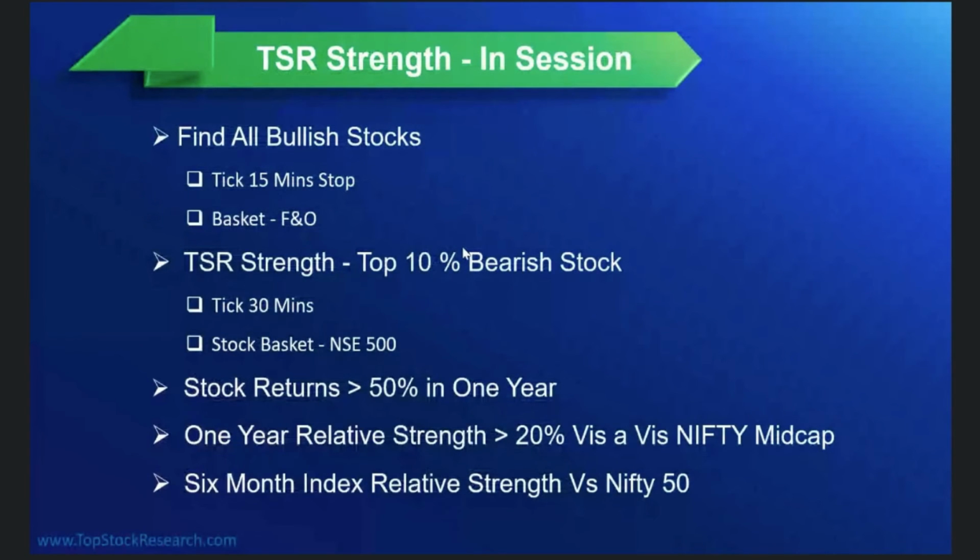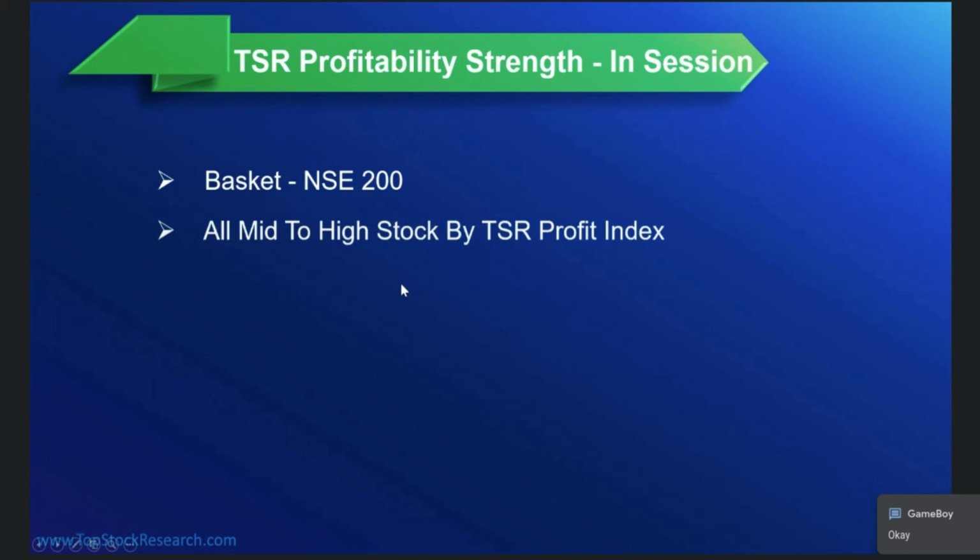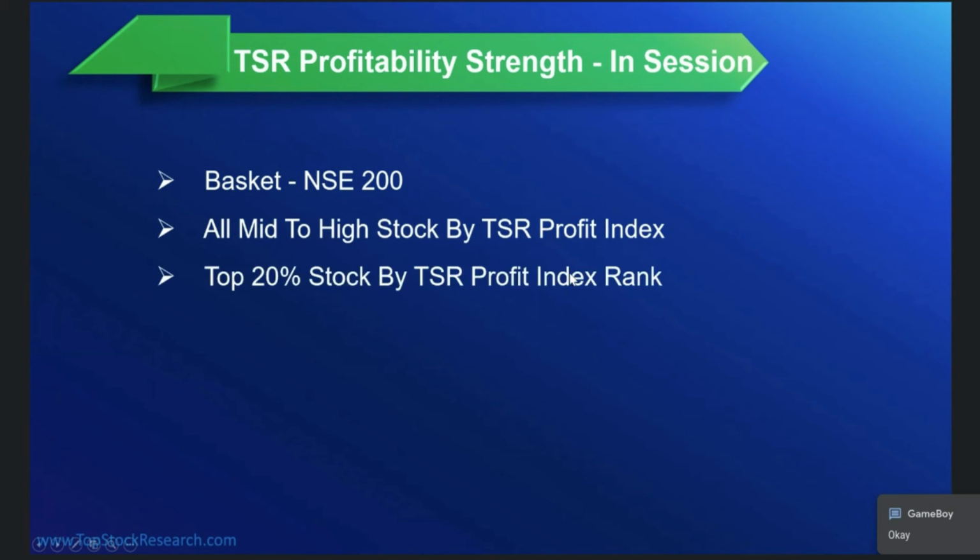Next one in this one is profitability, right? So what we have covered so far is basically on the technical side. Let's look at some of the fundamental side also. What we are doing is stock basket 200, all mid to high stocks using this index, top 20%.